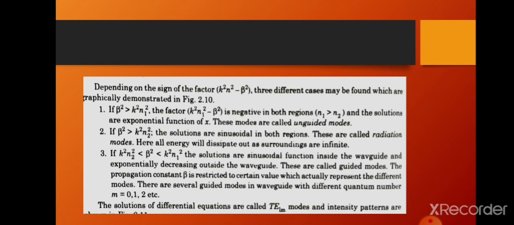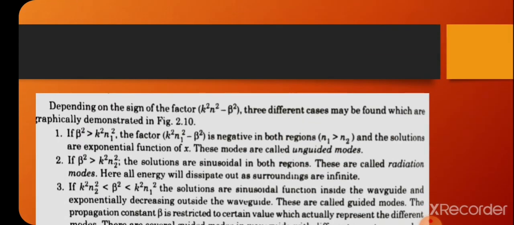So the solutions of these equations are exponential functions of x, and the corresponding modes will be unguided modes. So the condition for unguided modes is that β² should be greater than k²n1², or k²n1² − β² is negative; then the modes propagating through the fiber will be unguided modes.